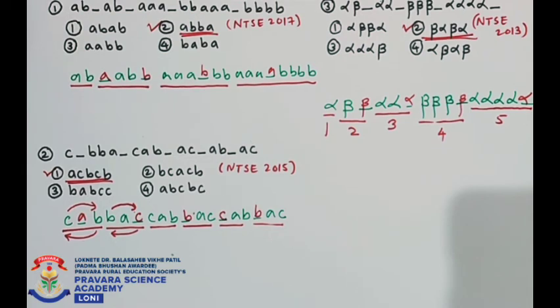So here is the end of this topic, continuous pattern series. Now only one type of series is remaining, and that is alphanumeric series, which we'll study in the next lecture. Thank you.